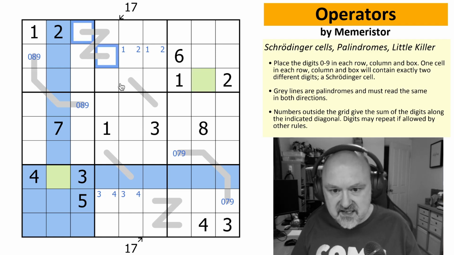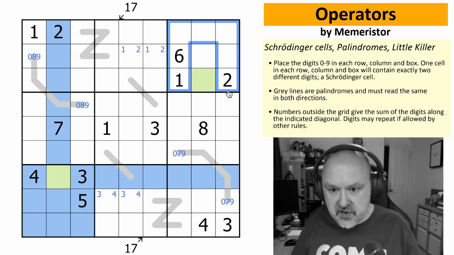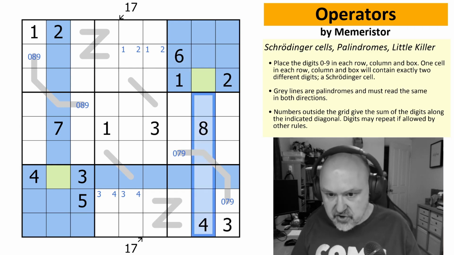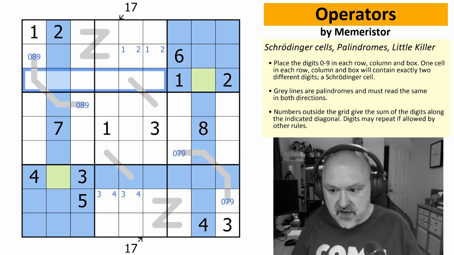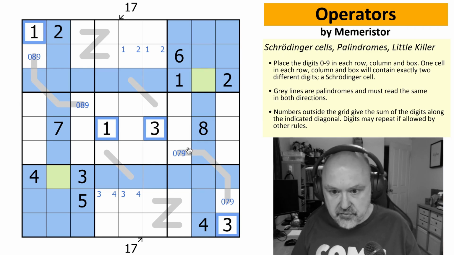That cell is that cell and it's not 1 or 2, so it has to go there. That cell is that cell and it's not 1 or 2, so it has to go there. And these two are different, so that is a Schrödinger cell. So those are not Schrödinger cells. Those are not Schrödinger cells. Those are not Schrödinger cells. We know that these are not Schrödinger cells.